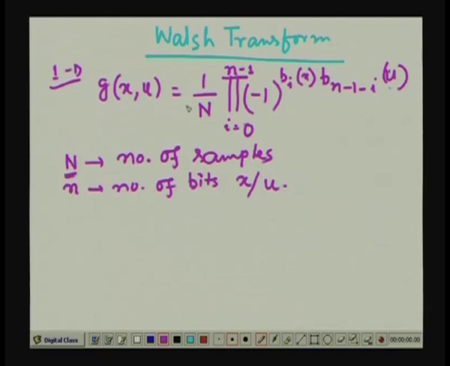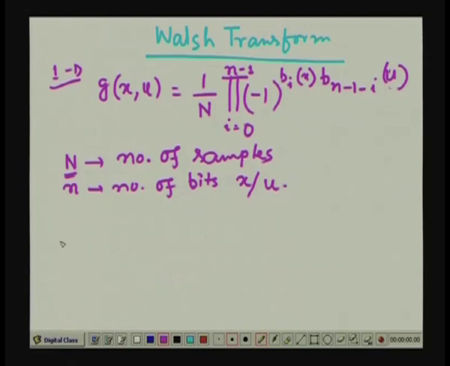And in this case, the forward transformation kernel is given by g(x,u) equal to 1 upon capital N into the product over i equal to 0 to lowercase n minus 1 of minus 1 to the power b_i(x) into b_(n-1-i)(u).